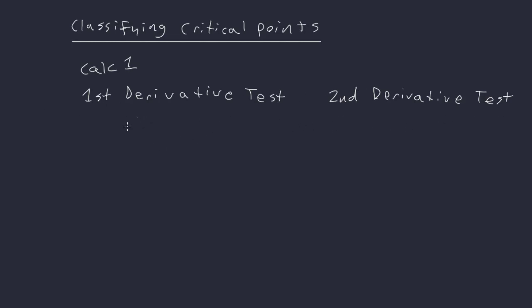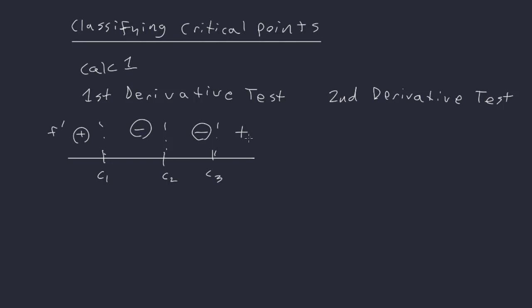In the first derivative test, you would find your critical points, and then you would make a number line, like maybe you had first critical point, second critical point, third critical point, and you would check the derivative in the regions in between to see whether it was positive or negative.